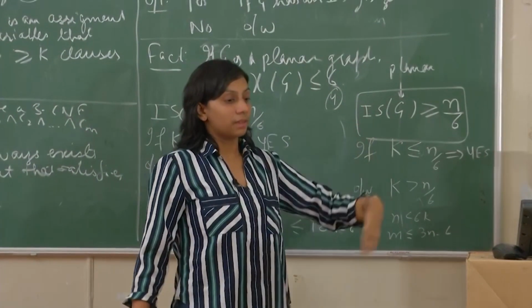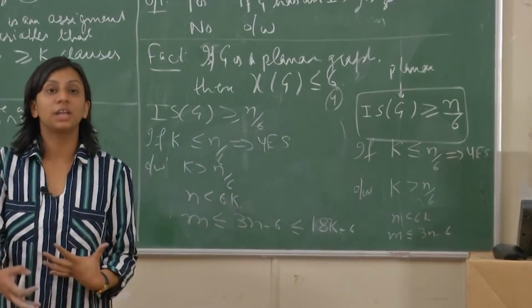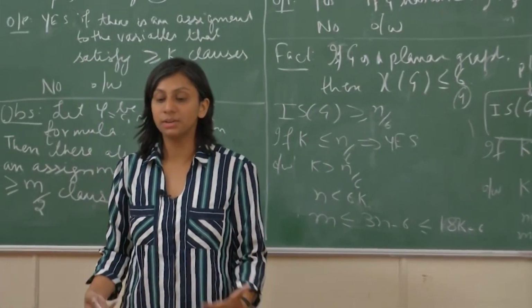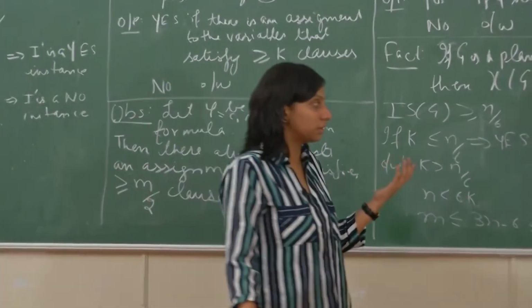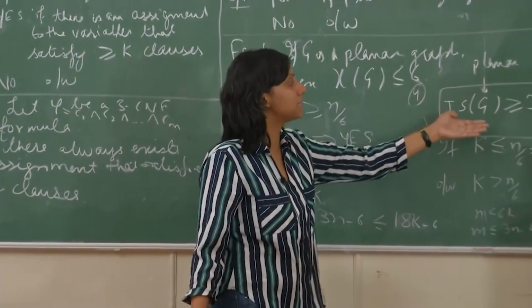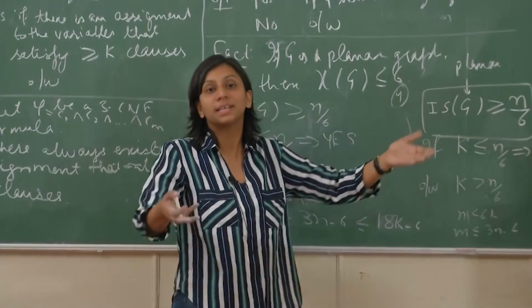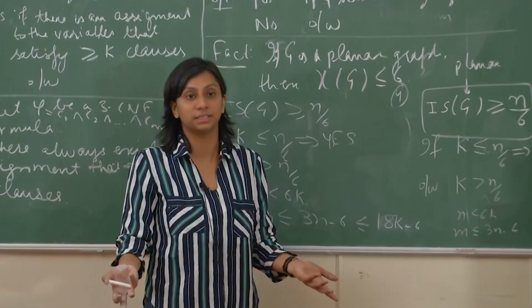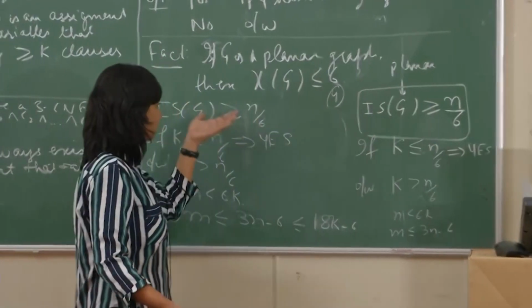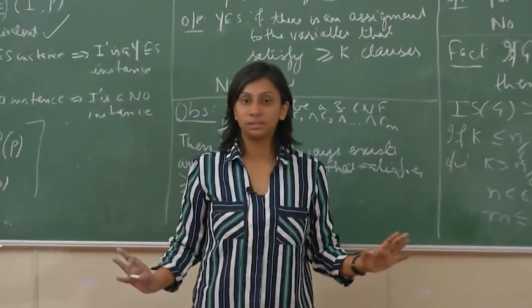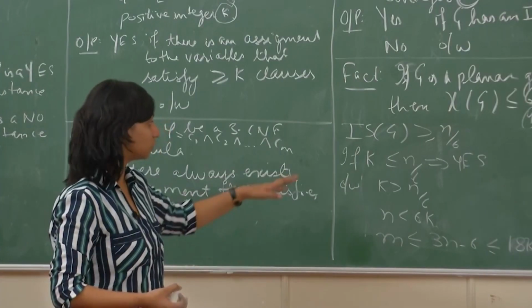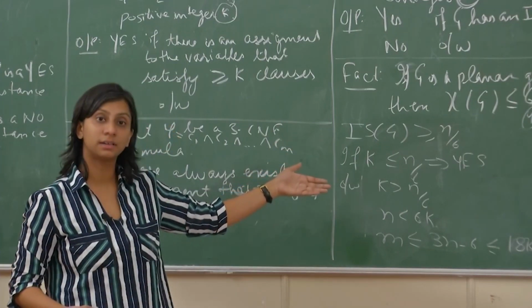This is the difference between an existential argument and a constructive argument. All we want to say is that there is always an independent set of this much size. I'm not asking you to give me an independent set of that size. There is always one, so hence I can conclude this. So what am I returning?